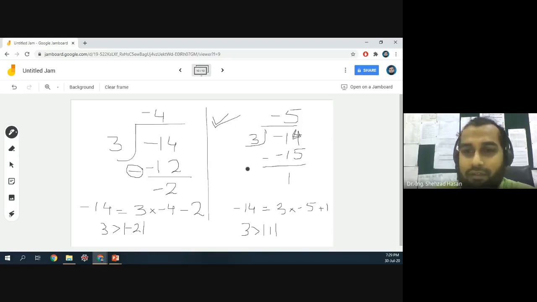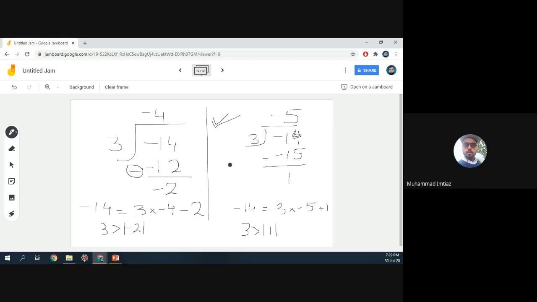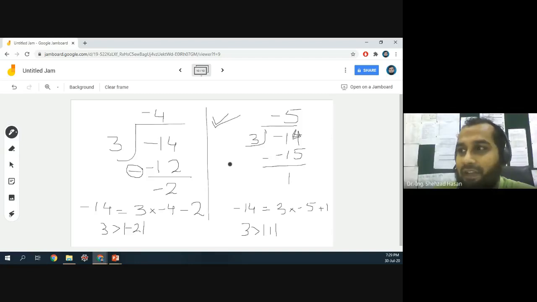Said, are you here? You can even write if your mic is having some problem. You can even write on the chat, right one or the left one. Mohammed Imtiaz, or if someone says they are undecided, that can be an option as well. Which option, left or right?